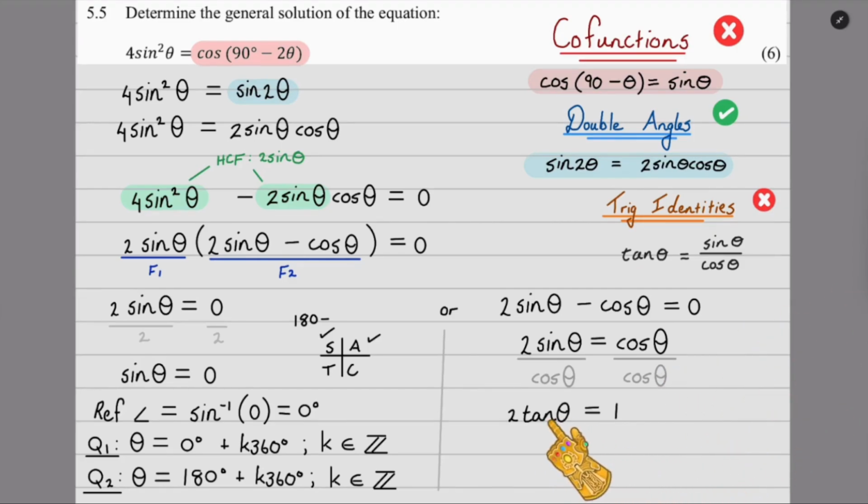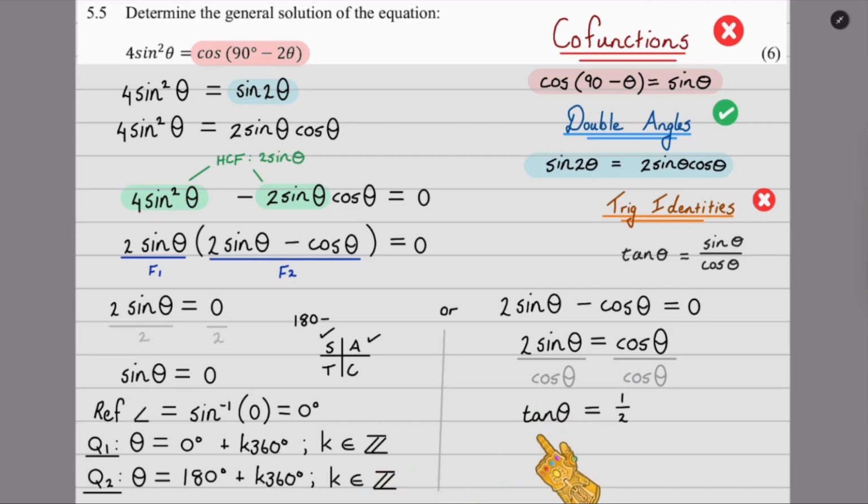And now I want to get tan theta on its own, so I'm going to divide both sides by 2. So tan theta will equal 1 over 2, formerly known as a half. And after we've done that, we're going to start our process of reference angle, quadrants, and general solutions. We call that the QRS method: quadrants, reference angle, and solutions.